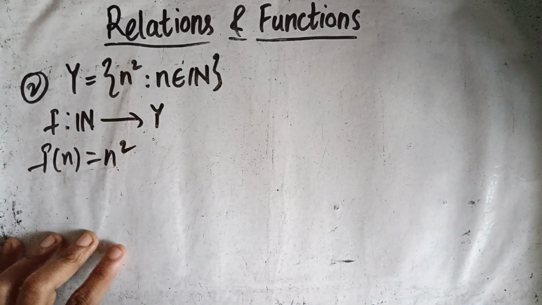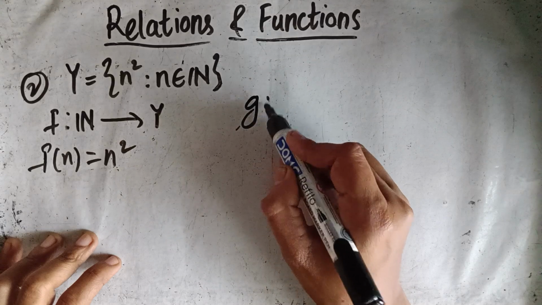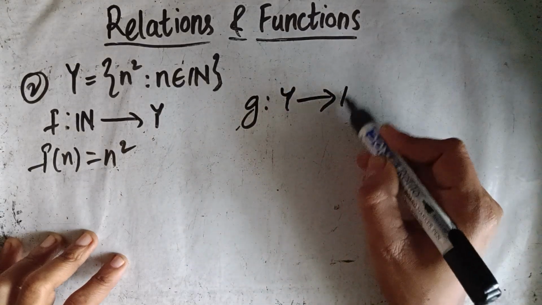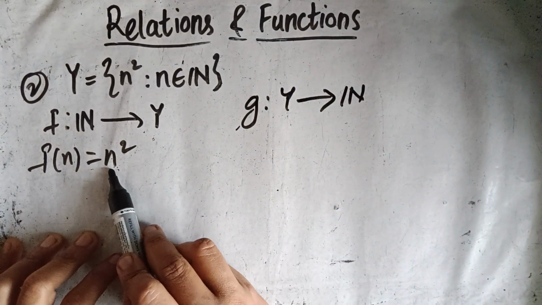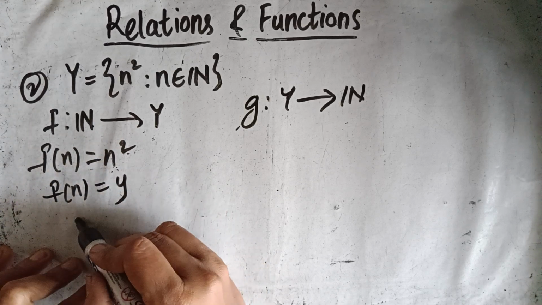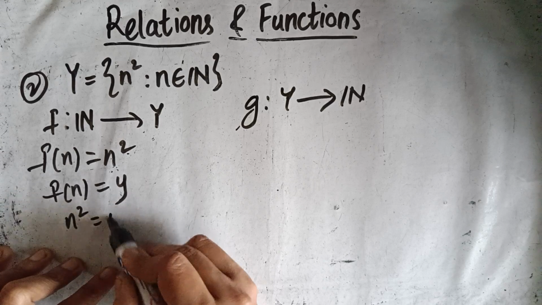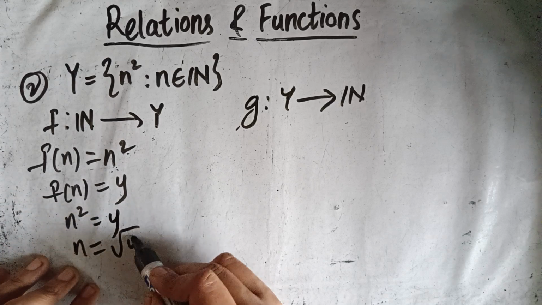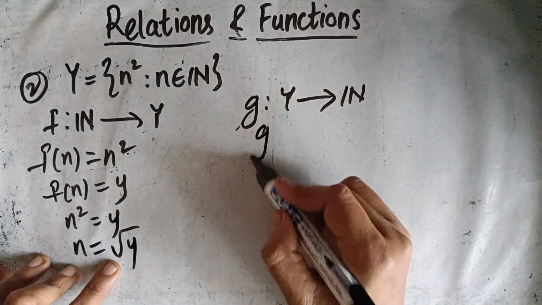Show that f is invertible. First you write down what g is. G is from Y to N. Now you have to put this equal to y, so n square equal to y. So n is root of y. So this becomes your g of y.